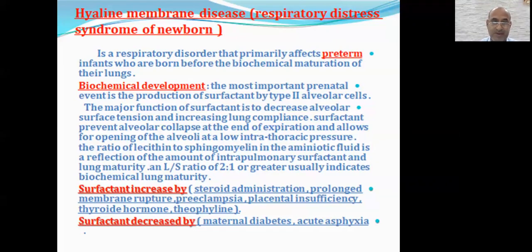On the other side, we have other conditions that may decrease production of surfactant: maternal diabetes and acute asphyxia. Keep in mind, not chronic asphyxia, acute asphyxia. Chronic asphyxia, especially in prolonged membrane rupture or placental insufficiency, may increase surfactant production, while acute asphyxia never does.